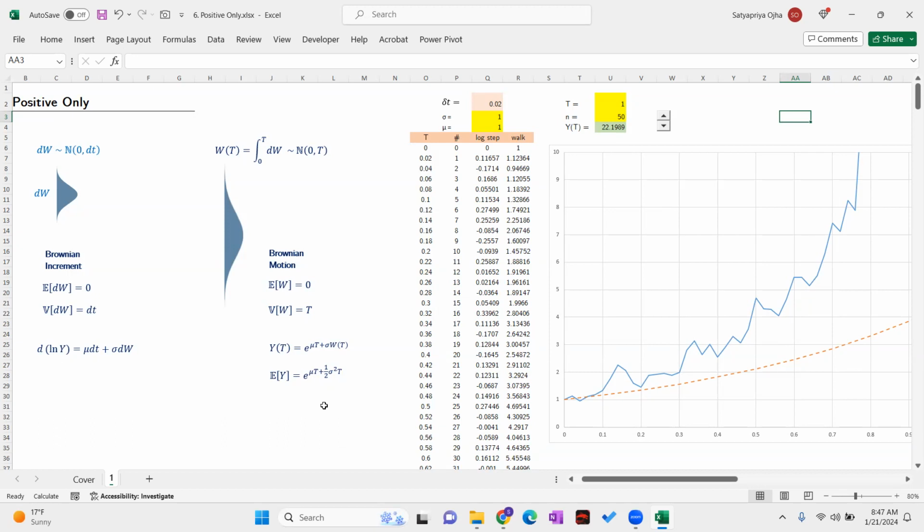Here is another important term you need to know about. There is something called martingales, and I cannot stress enough how important martingales are when it comes to derivative pricing. Martingales are the ones that have no drift. A process that has, on average, no growth, no drift, is called a martingale.